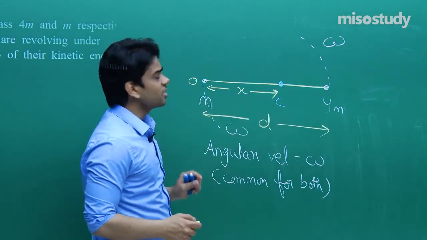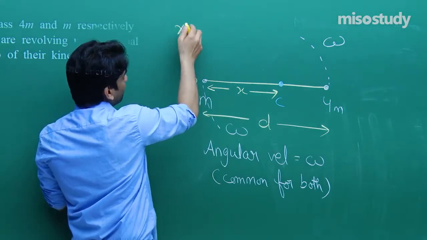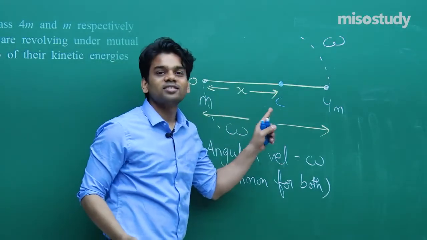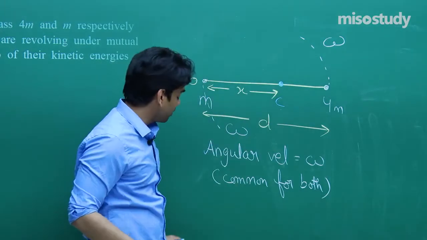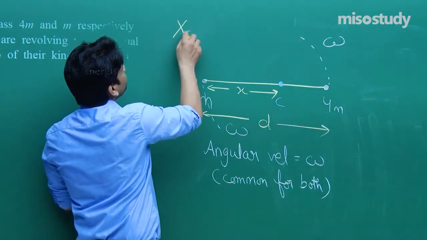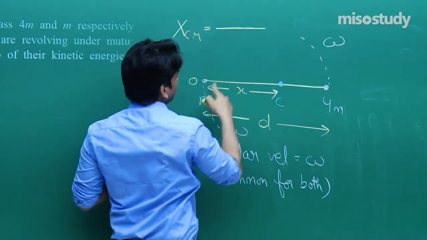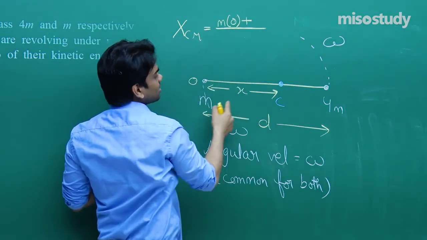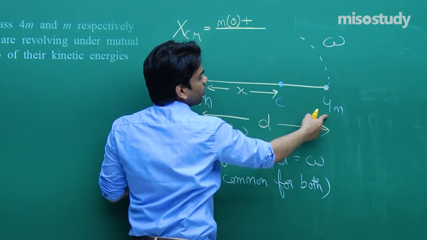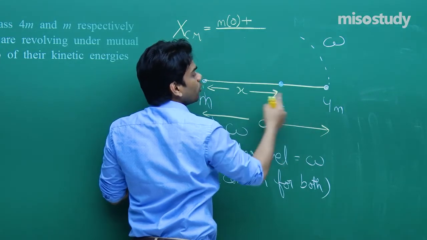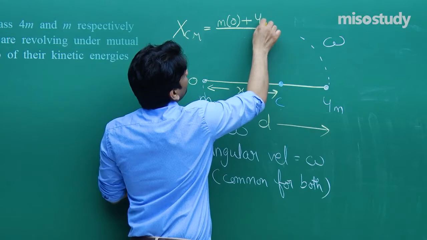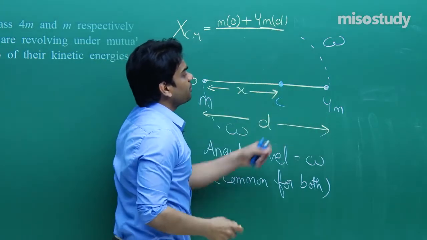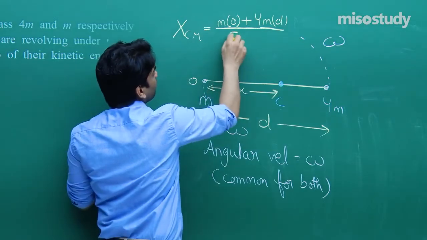For the center of mass, this distance x, the coordinate of the center of mass, is what we want to evaluate. Take the first body, its distance from the origin is 0. So m into 0 plus, take the second body, 4m, whose separation from the origin is d, divided by the total mass m plus 4m, which equals 5m.